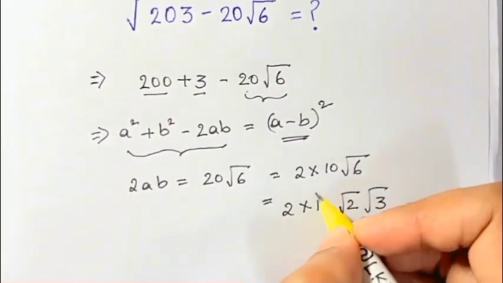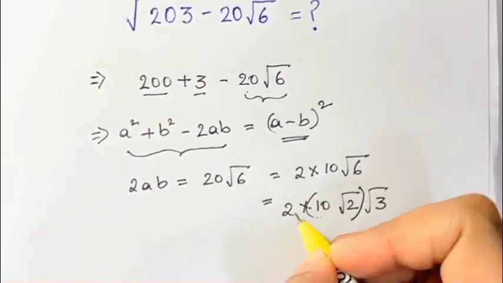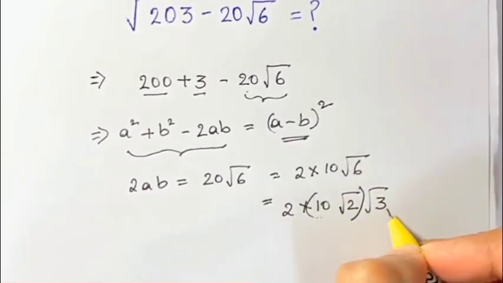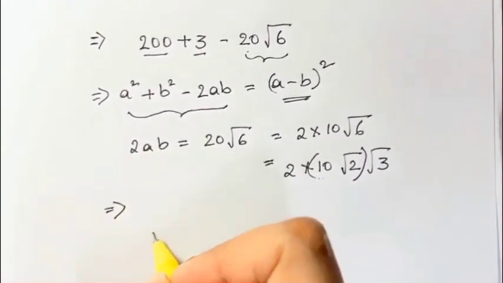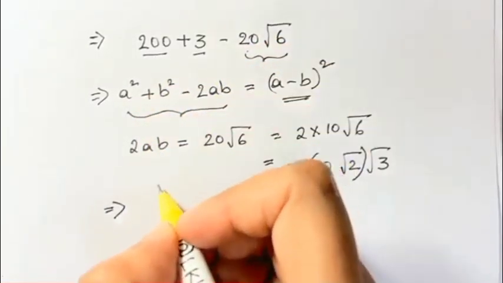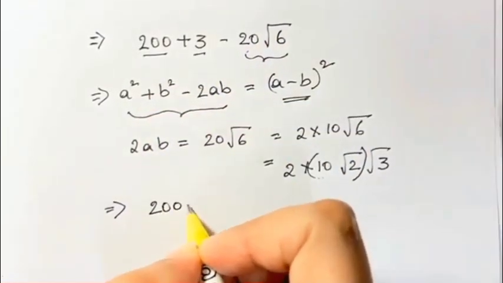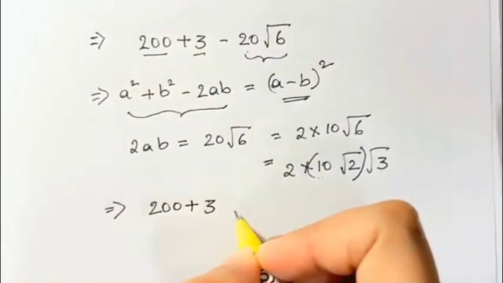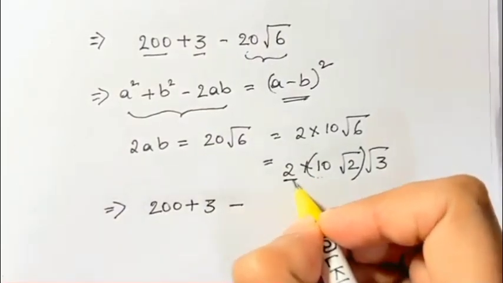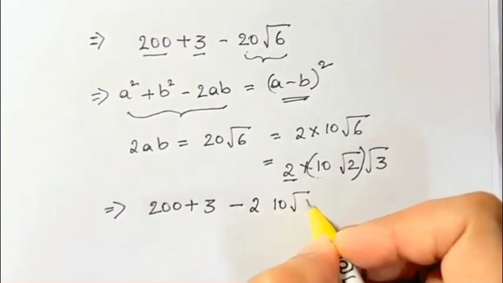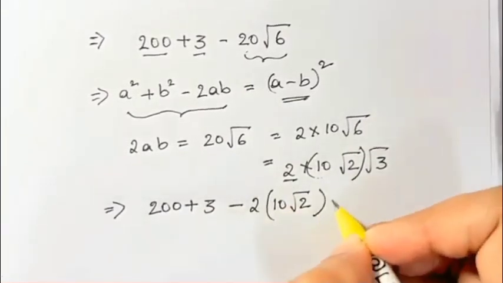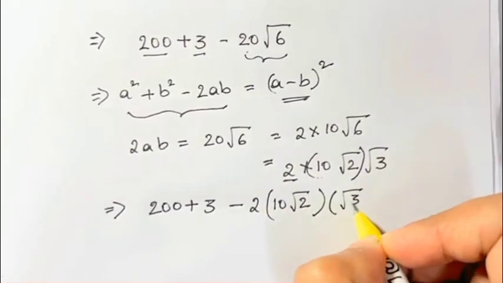Now this I can club. So I have 2 times a times b, if you can see here. Yes. So now I'm going to put it back. What do I have here? 200 plus 3, let me write it down. 200 plus 3 minus, now I have 2a, that's 10 square root of 2, times b, that is square root of 3.